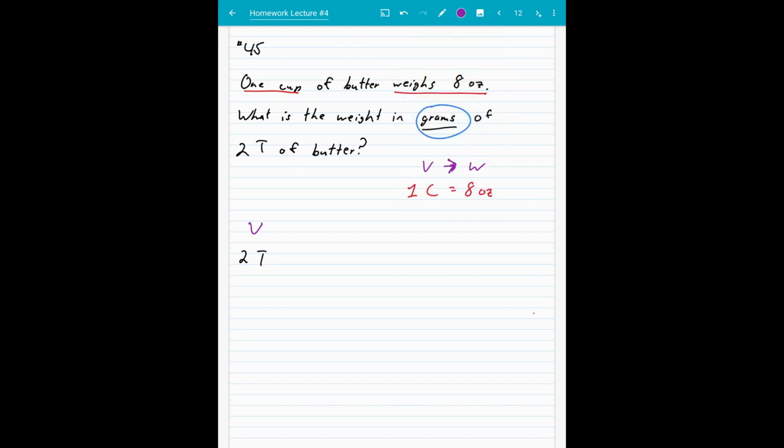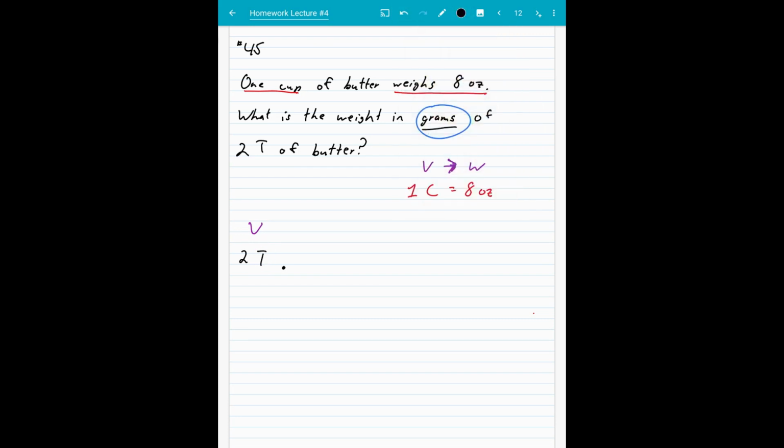That's a volume measurement. We need to get to a weight. Grams is a weight measurement. But before we can get to grams, we need to get the tablespoons to a cup measurement, then cups to ounces. So first, you got to plan your attack for this.